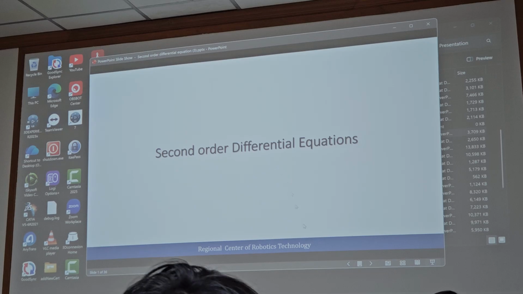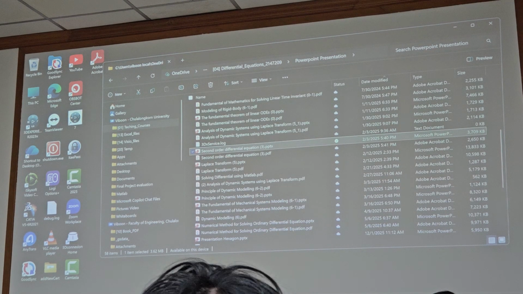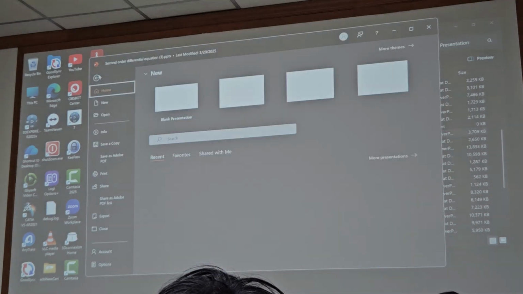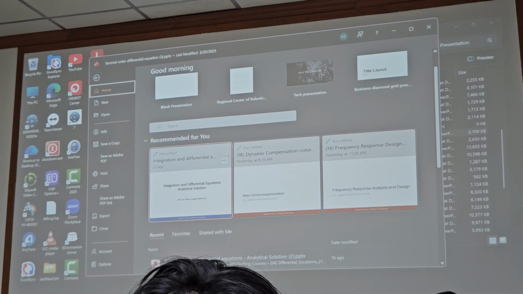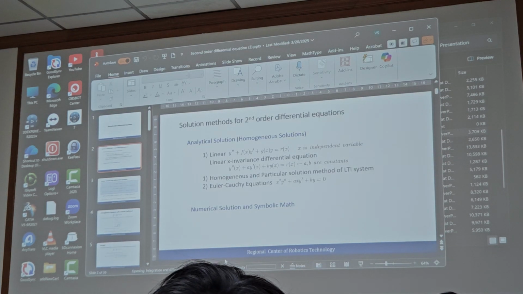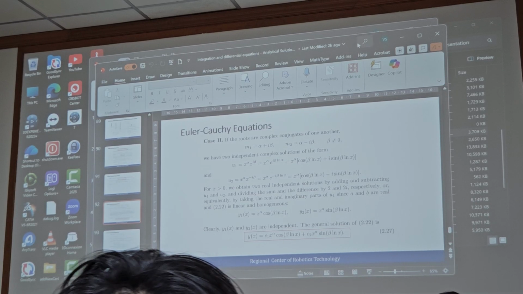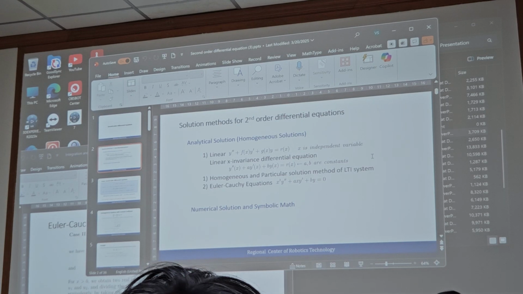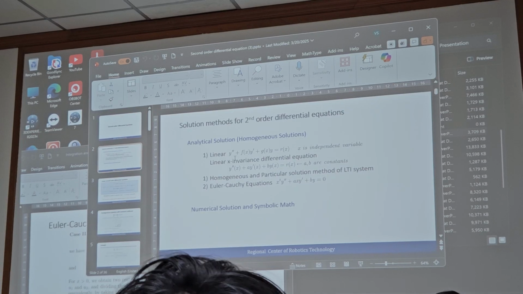It's already in the previous one, from the integration slide, and you have second order there. I moved this one to this slide, just second order, but it's not the same anyway.